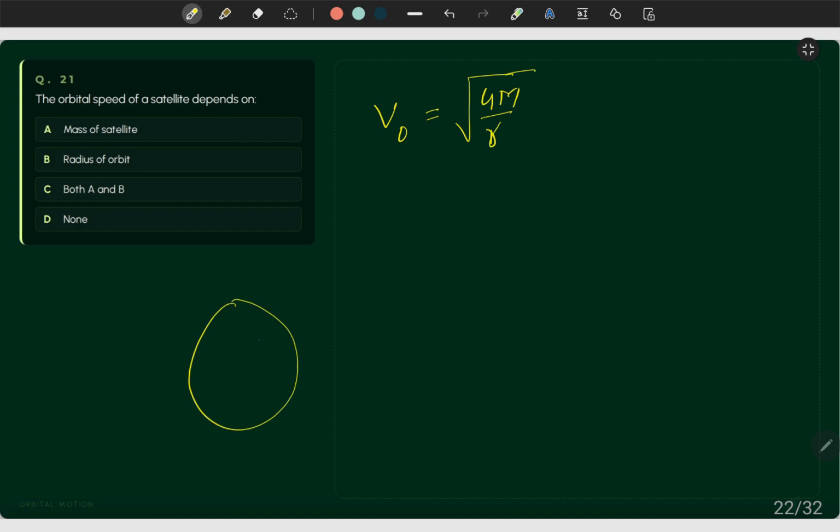This is Earth, this is mass of the Earth, and at a distance small r there is a satellite which is revolving, and its orbital speed is given by this formula. So you can see that mass of satellite is absent, radius of orbit is present there. That means the correct option is B.